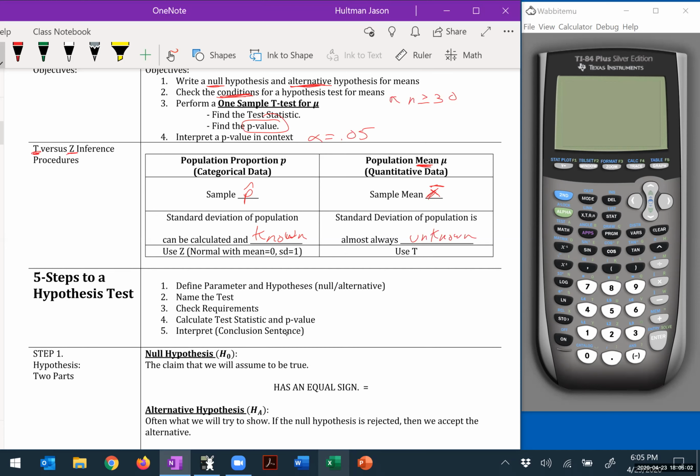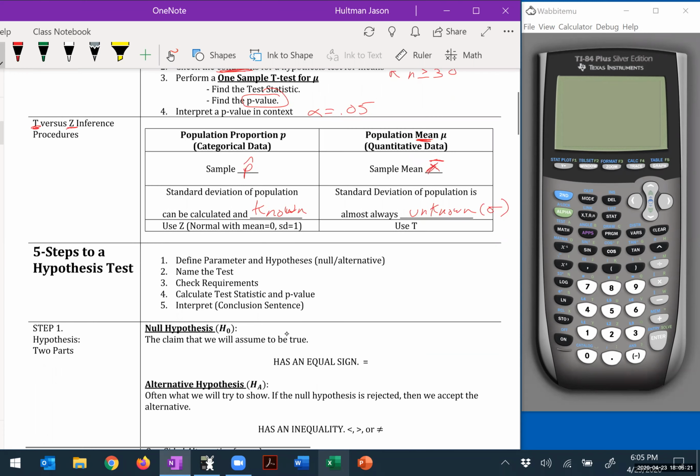The sample one we can find, which is S, but the population standard deviation, or sigma, is unknown.